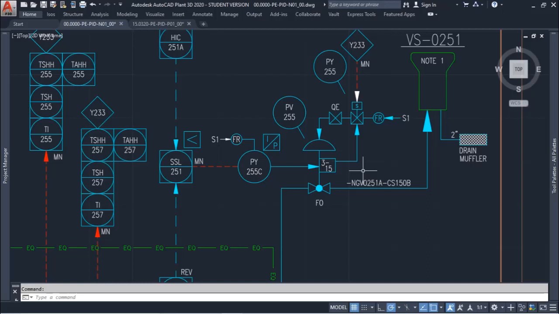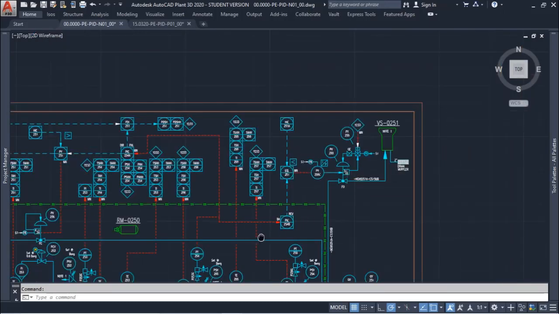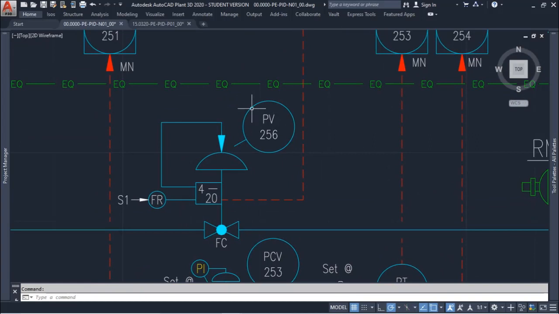So here we have 3 to 15 milliampere, and this recirculation valve, on the other hand, is 4 to 20 milliampere. And here we have also the indication of the instrument air and the filter regulator.